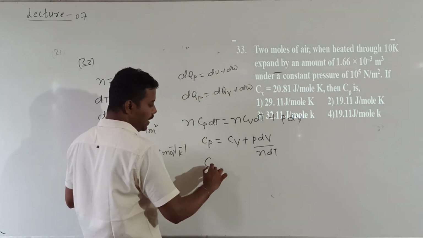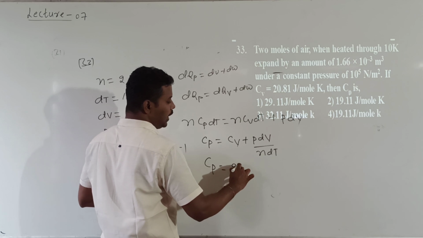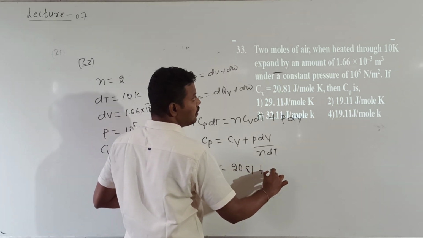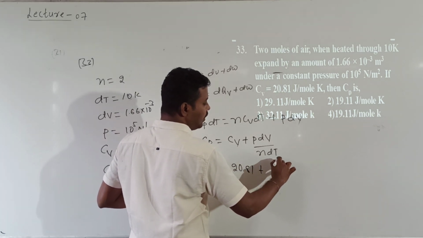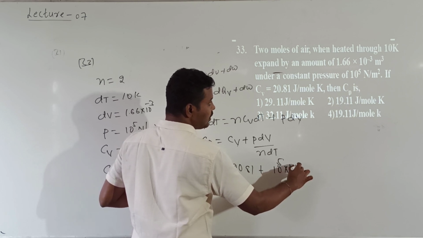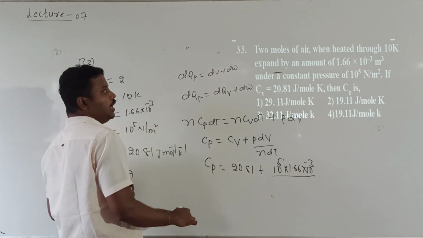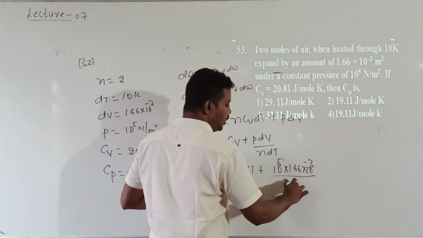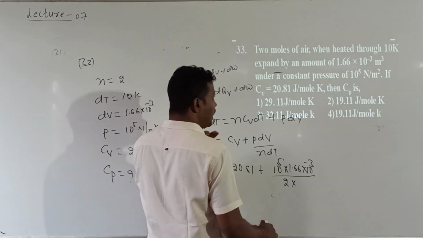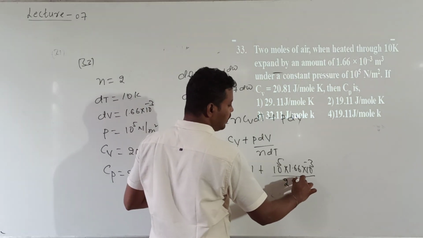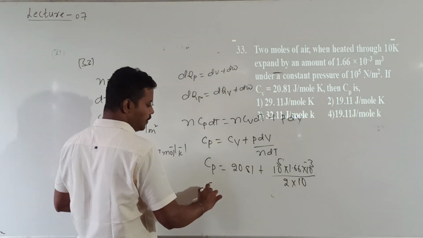So Cv value 20.81, pressure value 10 power 5 into dV value 1.66 into 10 to the power minus 3, divided by number of moles 2 into the rise in temperature 10. Then what will we get as the answer for Cp?